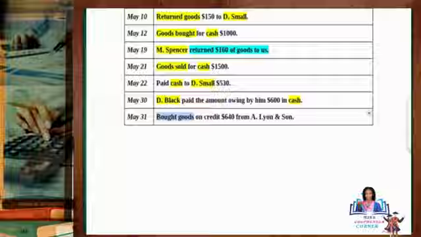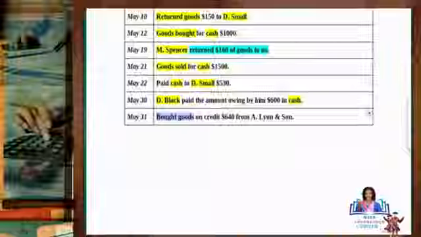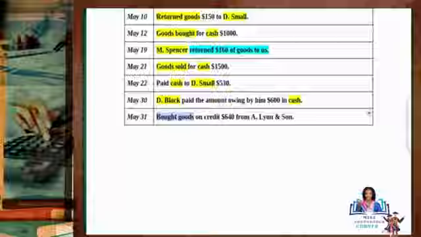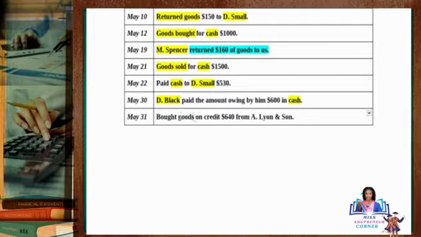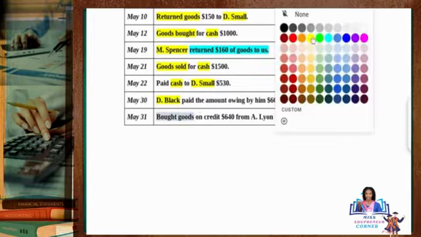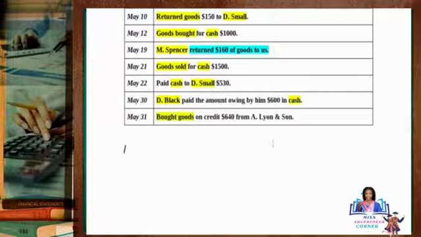And this is as a result of a purchase movement that would have taken place, because it says that the business bought goods on credit. So here, the purchases account would be affected, and the supplier or the creditor, which would be A. Lennon and Son, would also be affected.